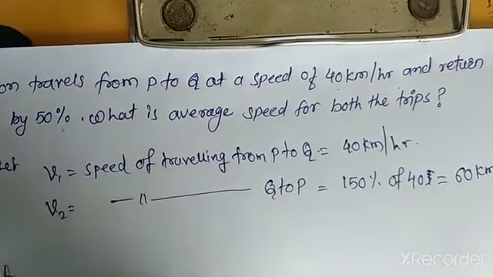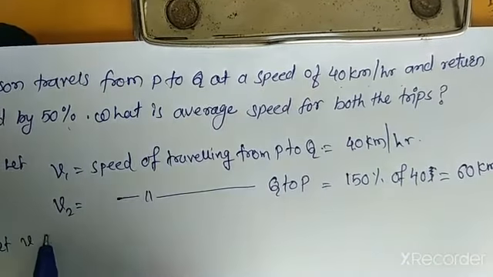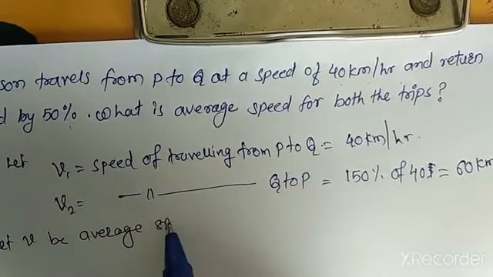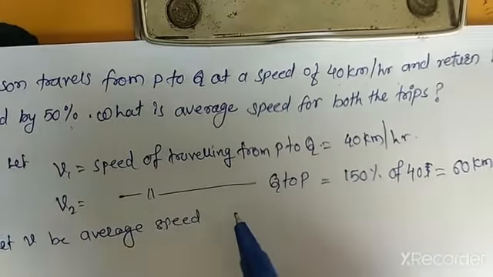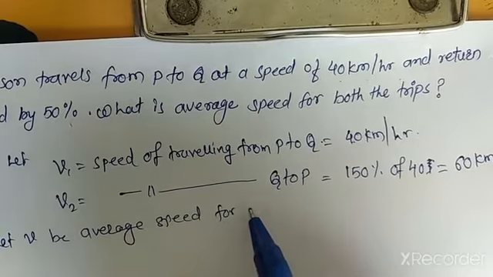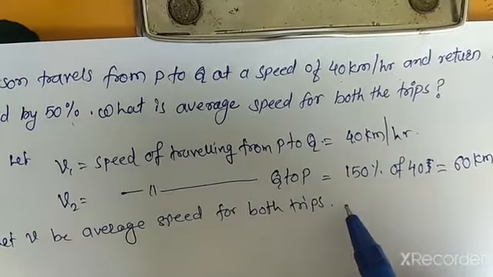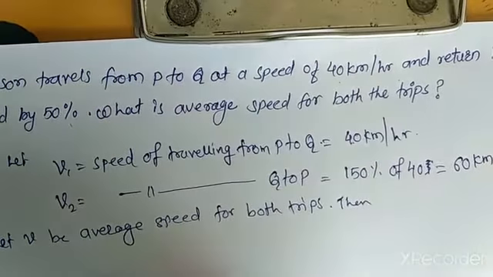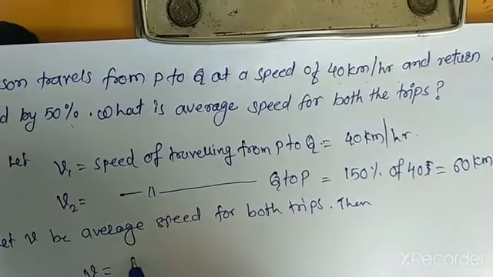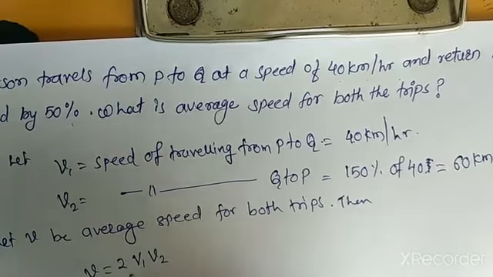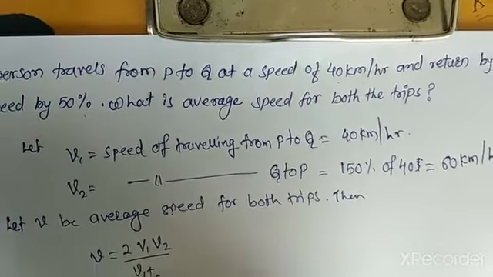So we have the formula: let V be the average speed for both trips. Then V is equal to twice V1 V2 divided by V1 plus V2.